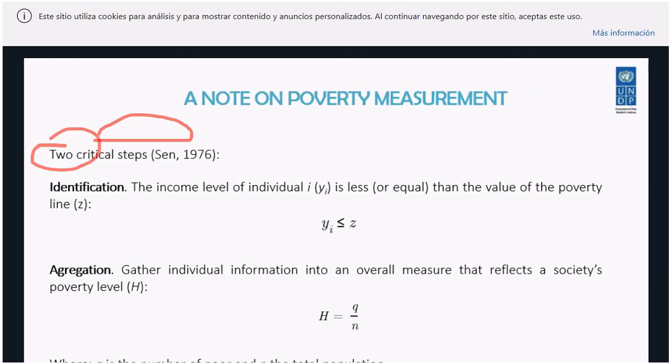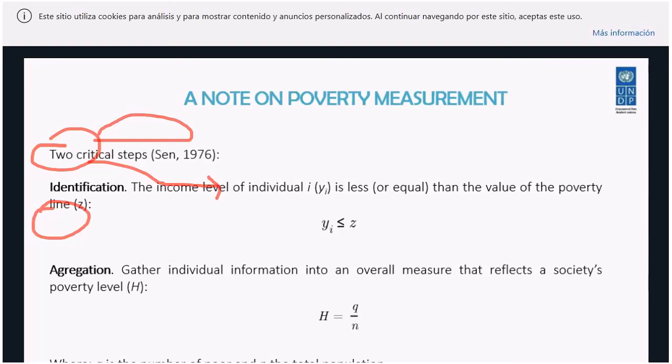One is the identification, which is concerned with the assessment at the individual level, that is, who is poor and based on what. And the second step is aggregation, which is basically the idea of summarizing the individual information into an overall indicator of a society, right?